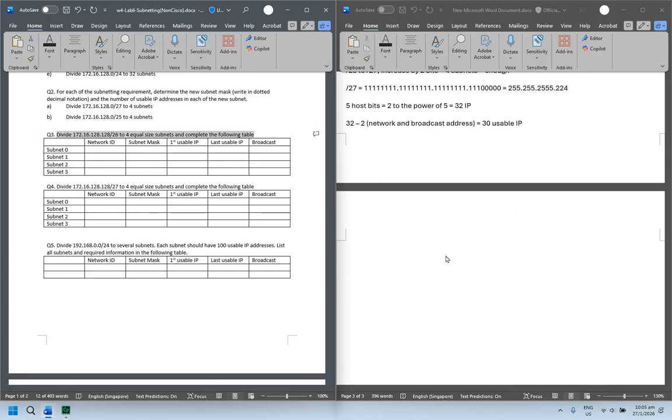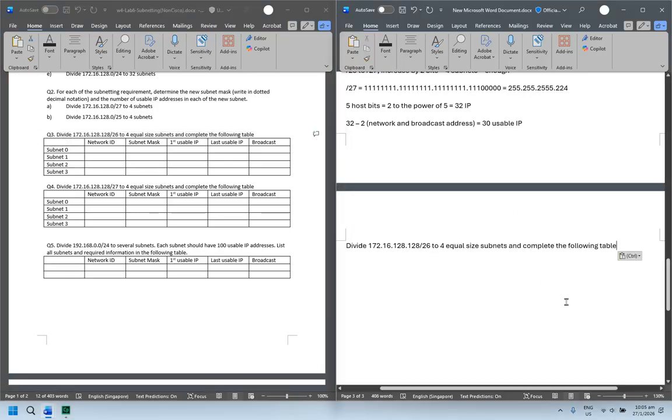So for question 3, we know that given 172.16.128.128/26, from this subnet mask /26, I'm supposed to split this big network into 4 different equal size subnets.